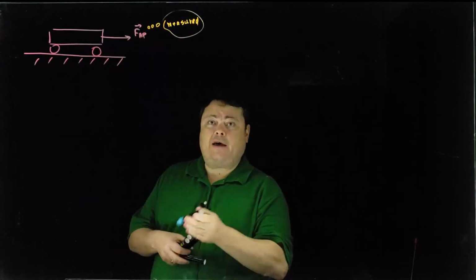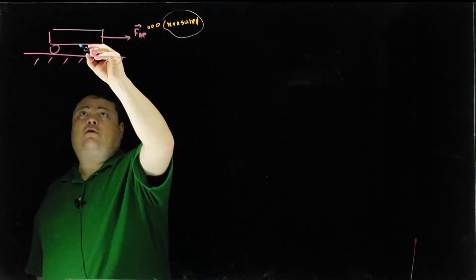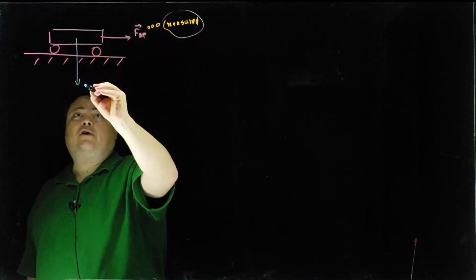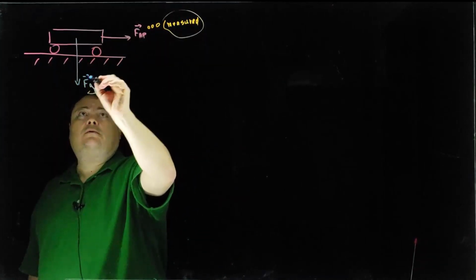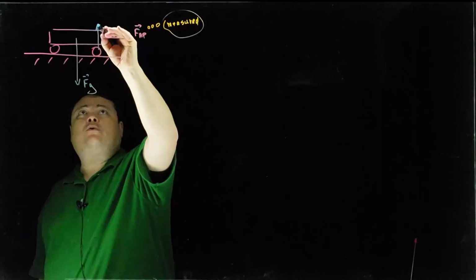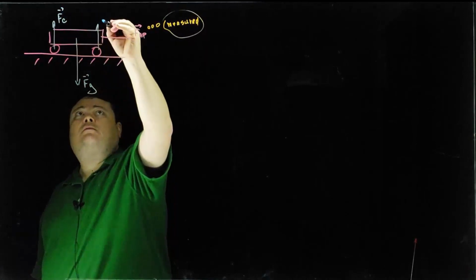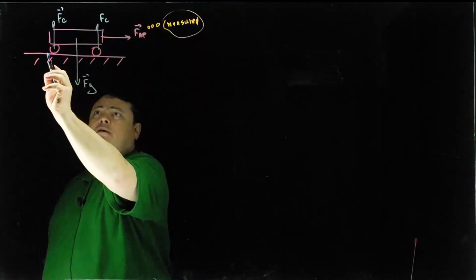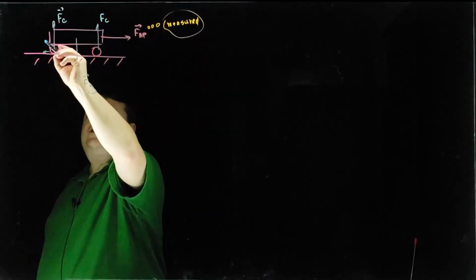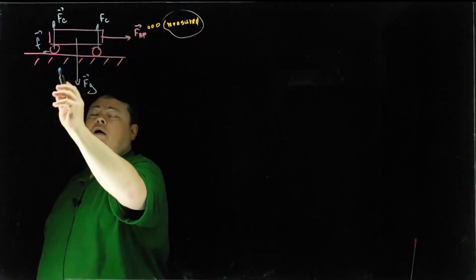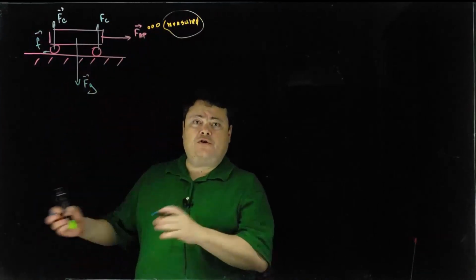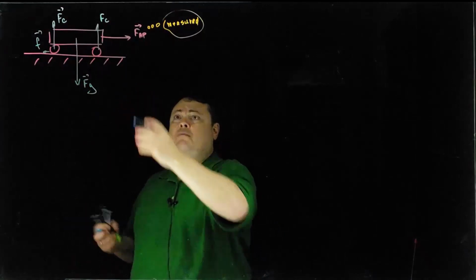I also have acting on this cart a gravitational force, or the weight of the cart, contact forces on the wheels, and some small rolling friction, although that rolling friction reverses direction back and forth as I'm moving the cart.